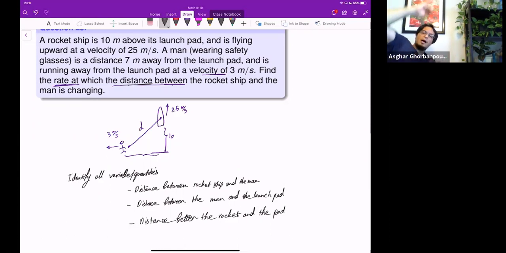The rocket is going up, the man is running away, and the distances are changing. For each one, we have to make a variable. I will put capital D for the first one. For the distance of the man from the launch pad, I use X. For the distance between the launch pad and the rocket ship, I will put Y.